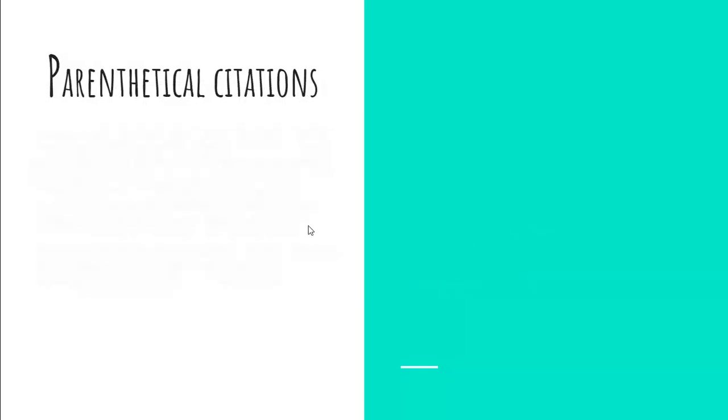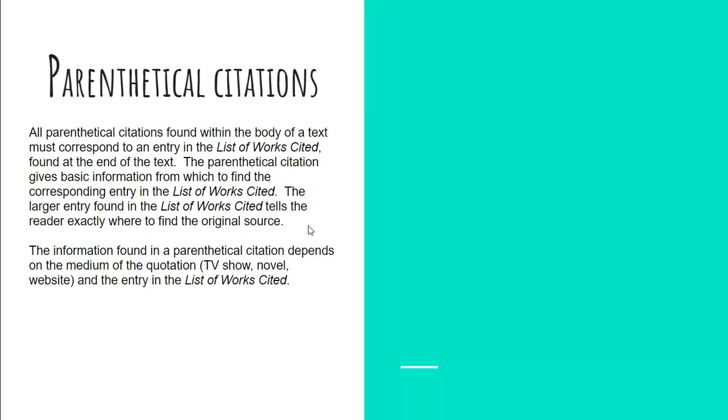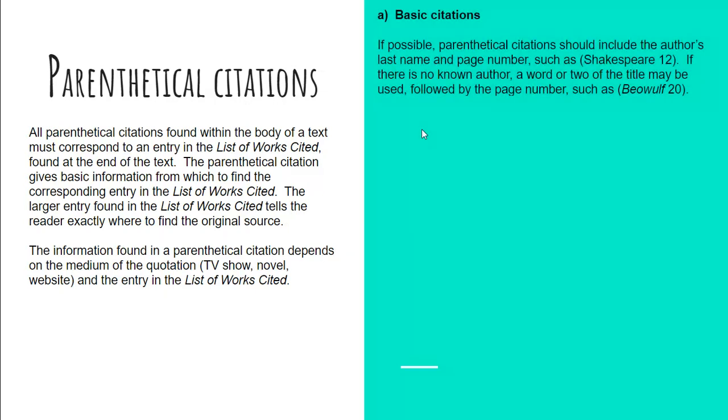Parenthetical citations are used in conjunction with a list of works cited, which will be our final video. For parenthetical citations, a basic citation is comprised of the author's last name and page number. If there's no known author, you put 1 or 2 words from the title and the page number, for example, Beowulf.